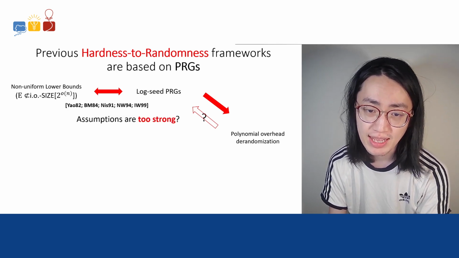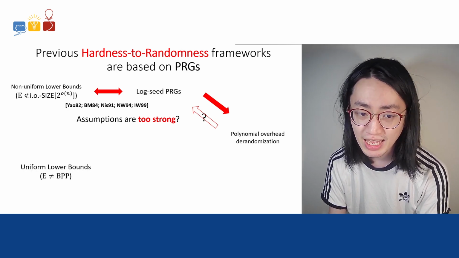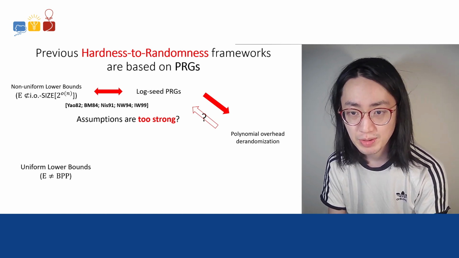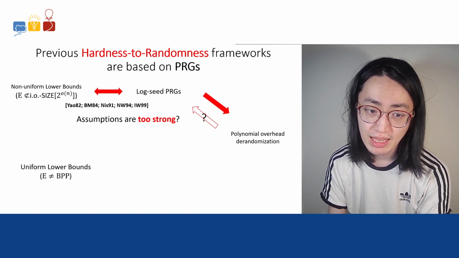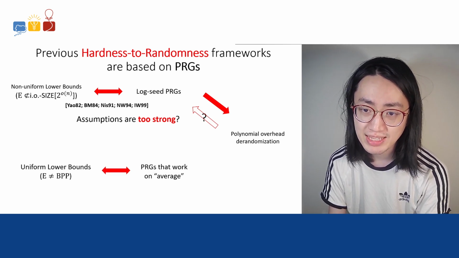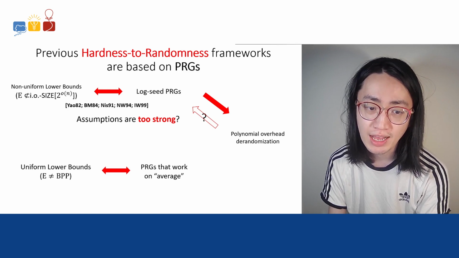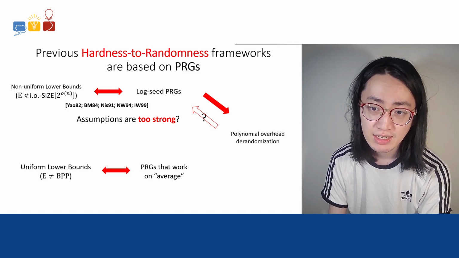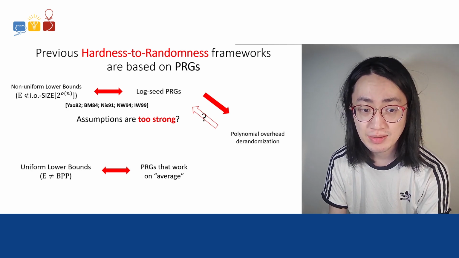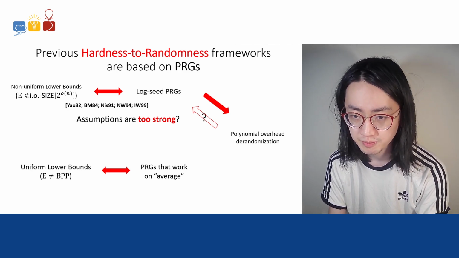On the other hand, one can conjecture some uniform lower bounds, like exponential time does not equal randomized polynomial time. From such hardness assumptions against uniform algorithms, one can obtain PRGs that work on average, meaning that the PRG will successfully derandomize algorithms on most of the inputs.